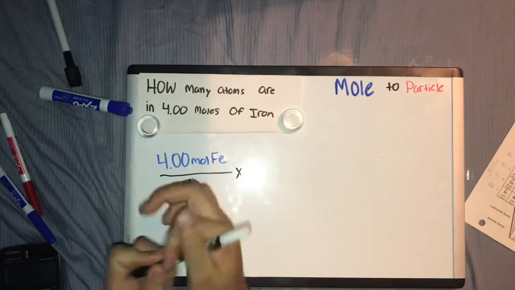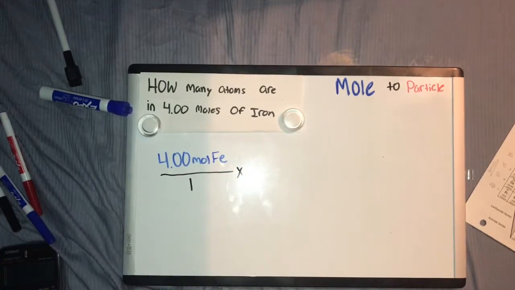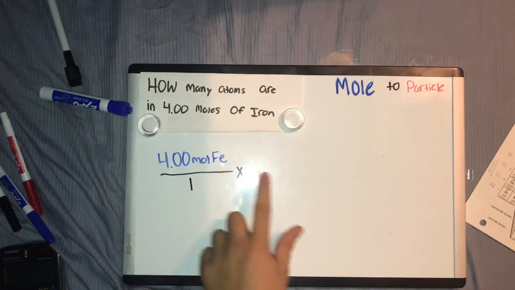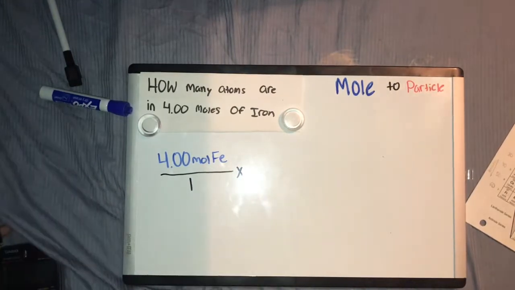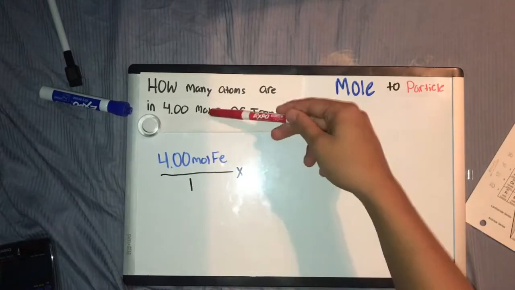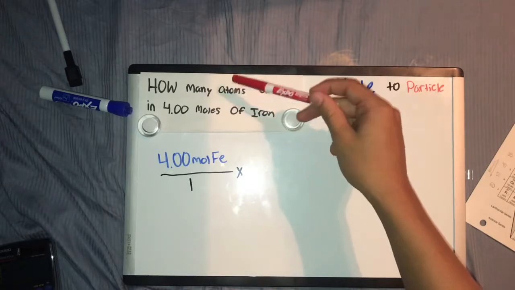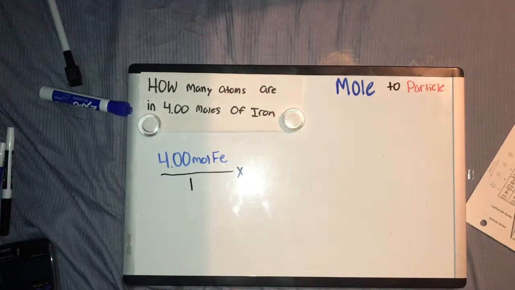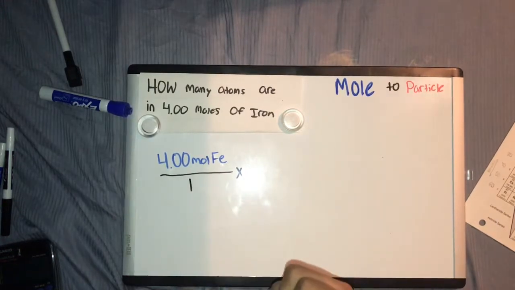Alright, so now you're going to have to find a unit that crosses down from this one to this one. What we know is 1 mole is equal to 6.02 times 10 to the 23rd atoms. So let's go ahead and write that down.